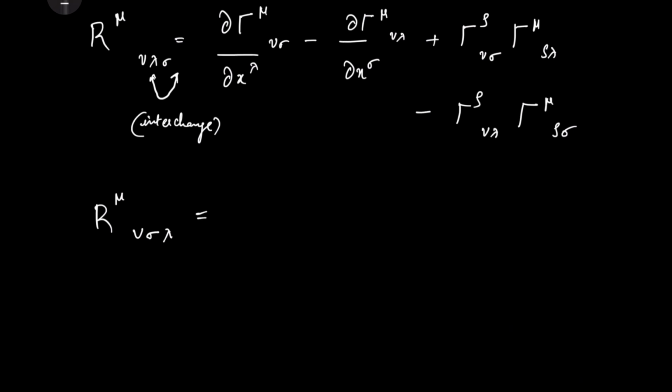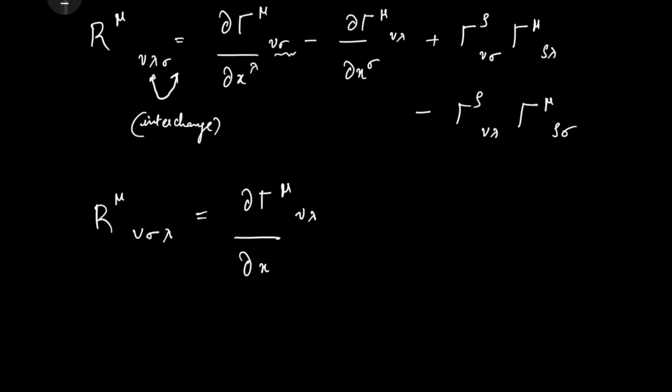So this is equal to, now wherever there is lambda, I have to substitute with sigma, and sigma I have to interchange with lambda. Mu nu, now instead of sigma, I have to write lambda.